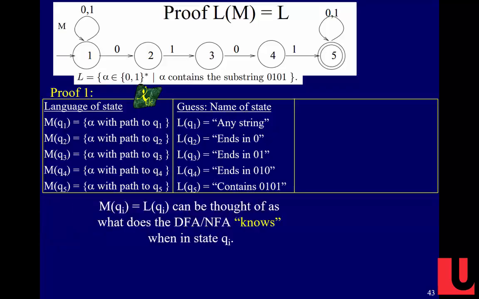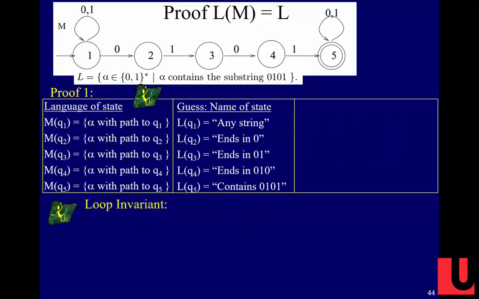So this is just what we said before. And now, what do we want to prove? We want to prove that for each state, for each string alpha, if alpha has a path to that state, then it has the property for that state. And here we're going to break it up into what I call loop invariant sub T, because I love loop invariants, but it really is induction.